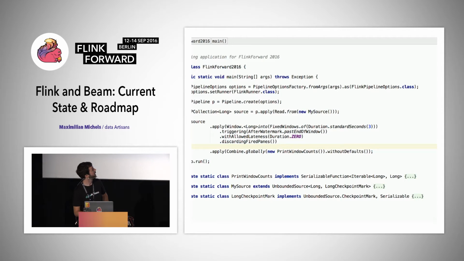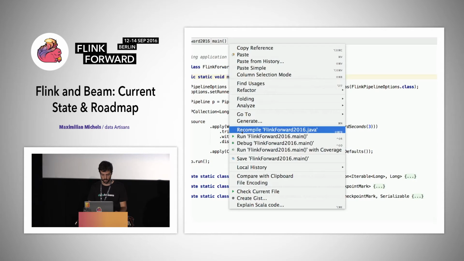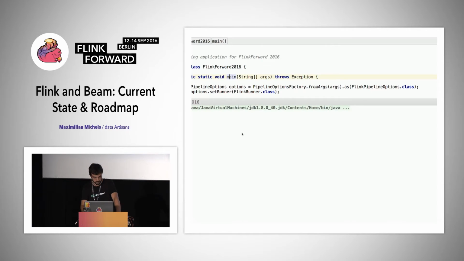Then I'm simply using combine globally to print out these integers which are part of a window. And yes, I think I could show you more, but let's just execute this program to see what it does.